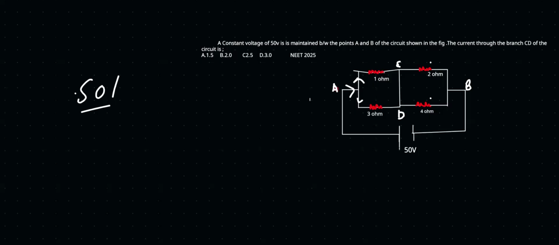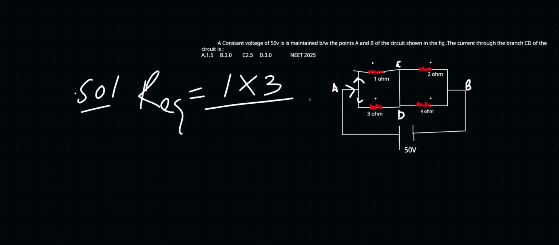For the 1 ohm and 3 ohm, the equivalent is R1 R2 divided by R1 plus R2, so 1 into 3 divided by 3 plus 1. We'll get 3 by 4. This will be the R equivalent of this.